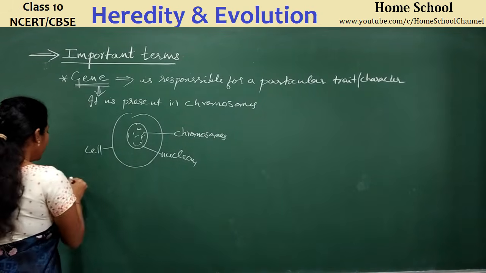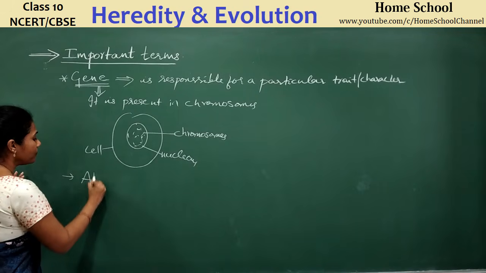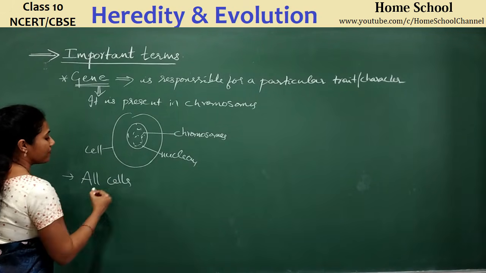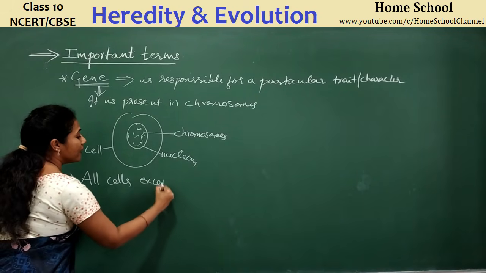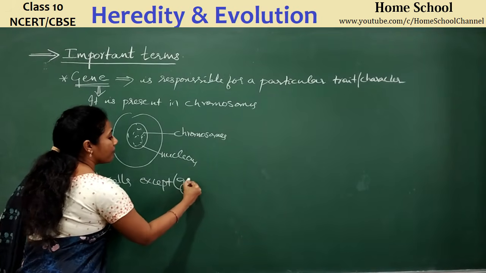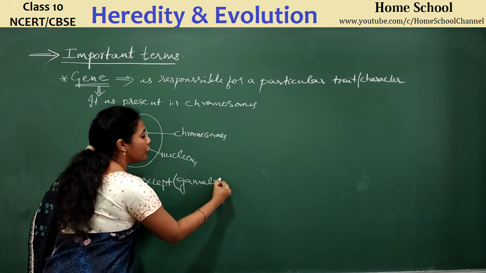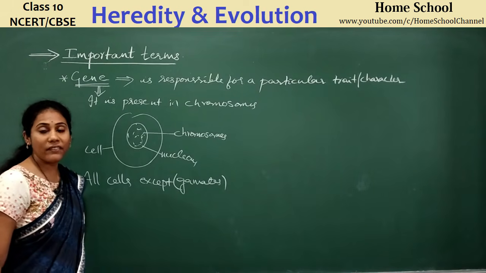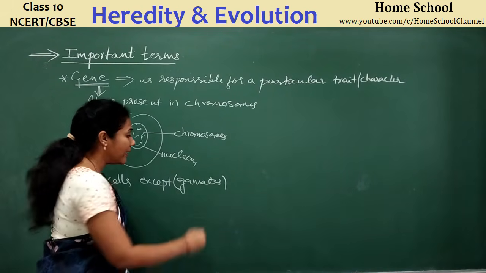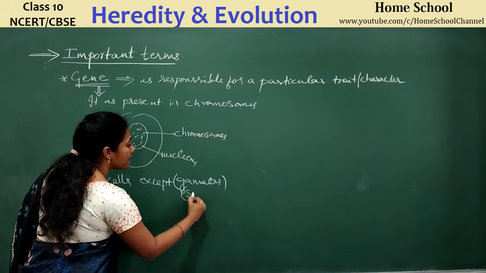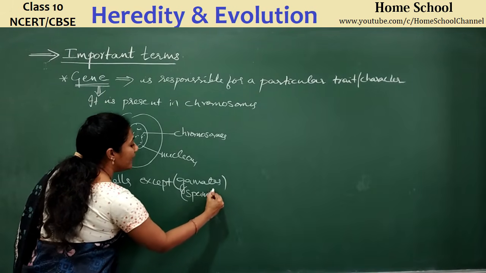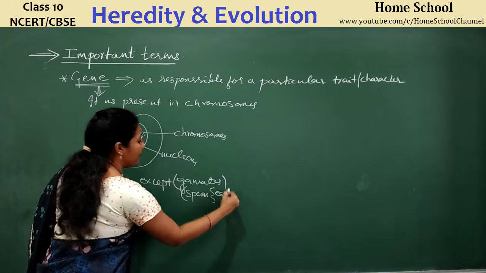And remember, guys, all cells except gametes. Do you know what we mean by gametes? In our previous chapter we studied, isn't it? Gametes are nothing but sperms in case of male and egg in case of female.